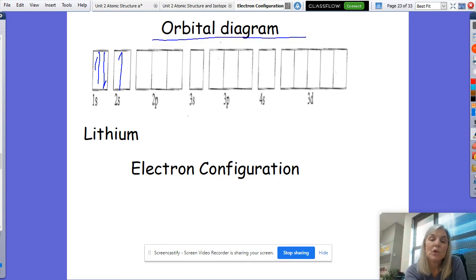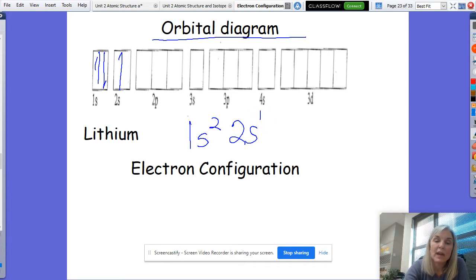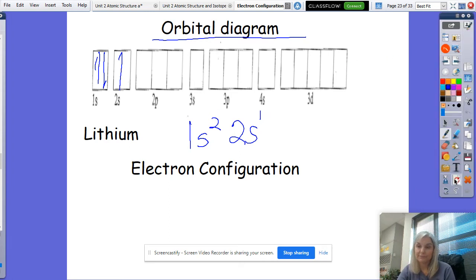If we were to draw this, we would say 1s, because we're in energy level 1, we're in the s orbital, and we have 2 arrows there, so that's why it's going to be 1s2. And then we put a 2, because now we're in the second energy level, and it's the s, so we're going to put s. But notice we only have 1 arrow, so that's why we put a 1. So we count 2 and 1, we get 3 total electrons.